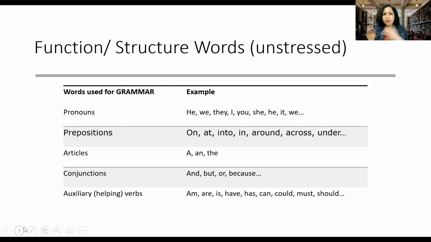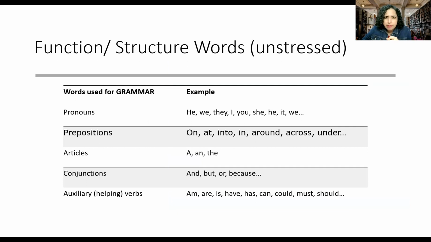We have the other words, the ones that are the structure words. And for those structure words, you need to remember that they are unstressed. If they are unstressed, it means that whenever you see pronouns, like he, we, they, I, she, it, all of those are pronouns.